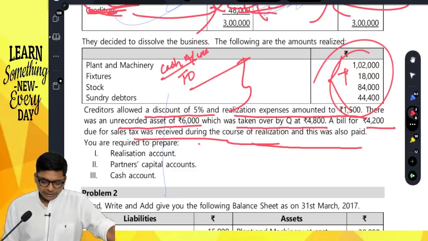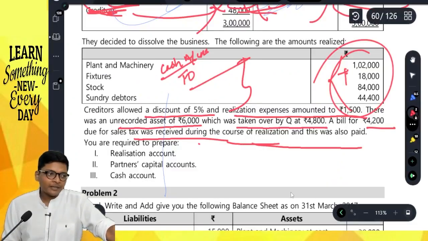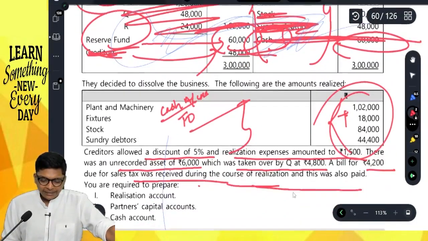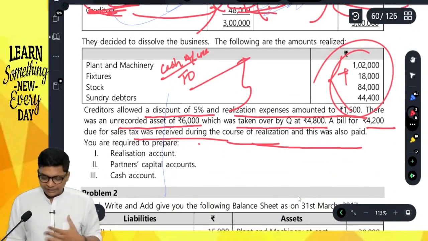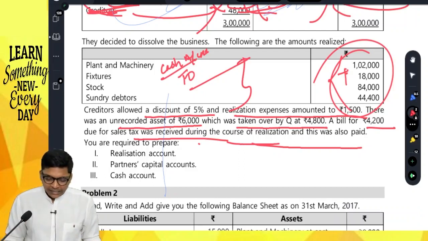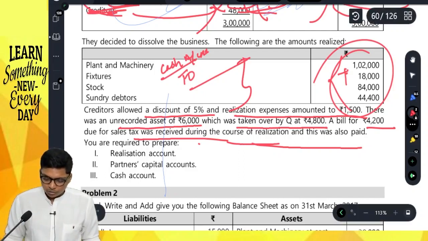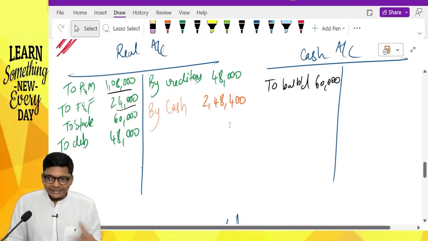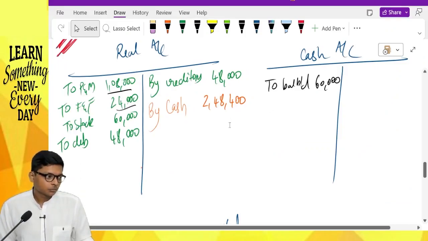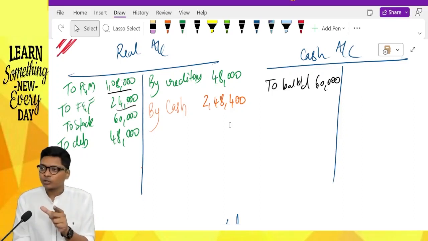Okay. Next, one by one, if you look at the balance sheet, always remember, by transferring to the realization account, is the settlement done? No. We need to settle every item also.